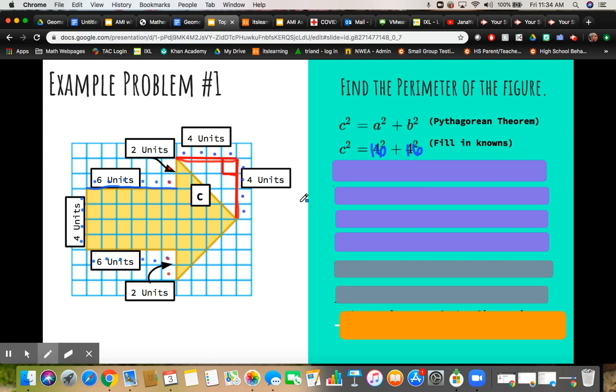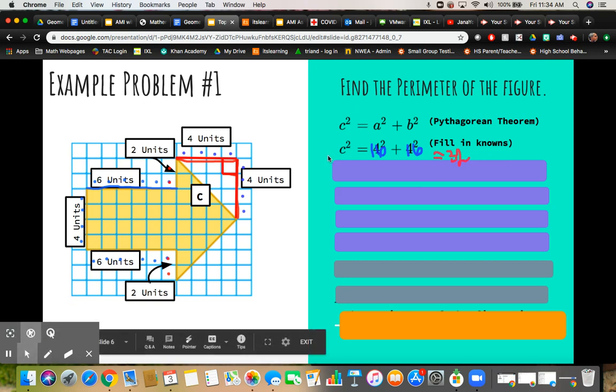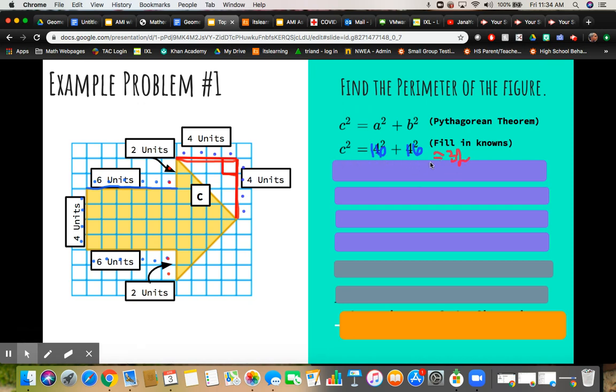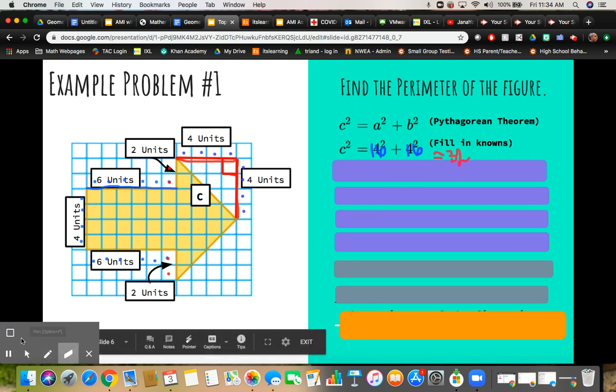And together, 16 plus 16, it makes, what was it, 30? 32? It's 32, yeah. So that actually equals 32. So let me write that real quick. All right, 32.